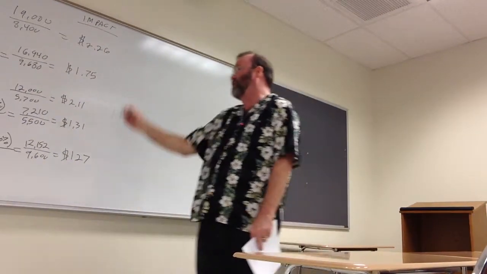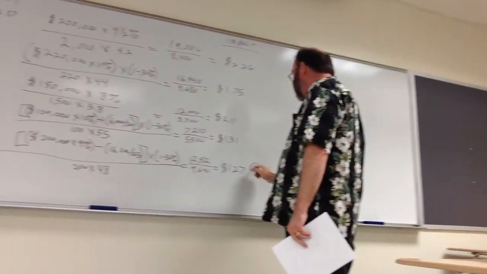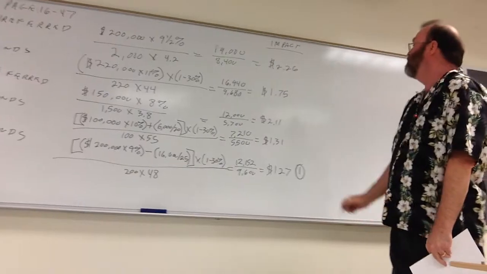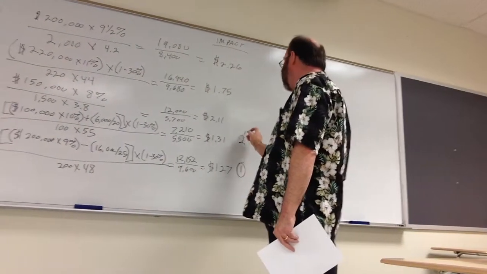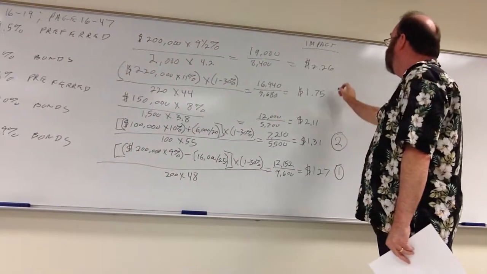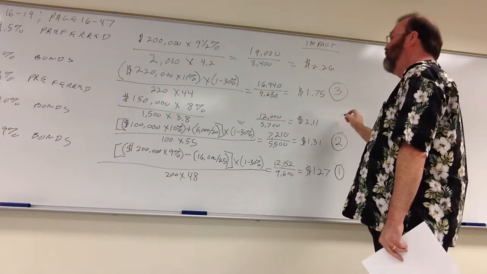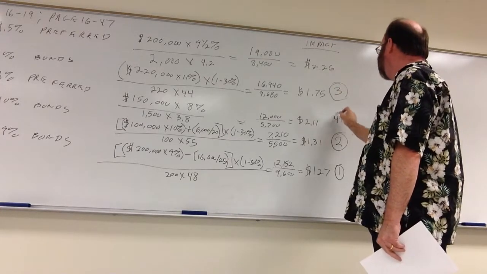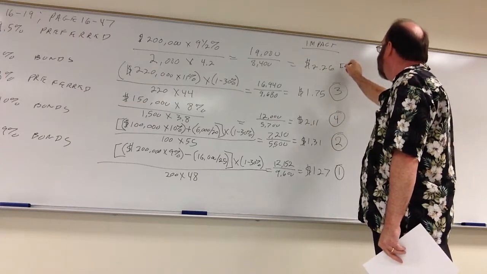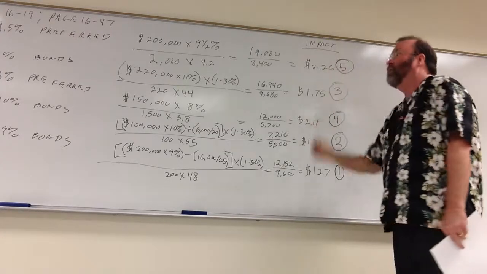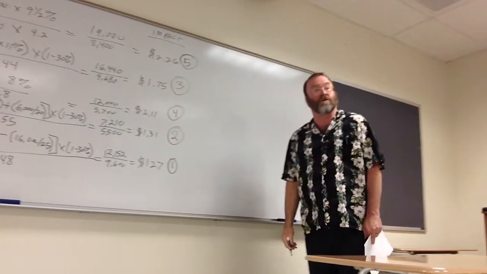The lowest is this 9% bond. That's the first one. Then we have the 10% bond. Then we have the 11% bond. And then the 8% preferred. And lastly, the 9.5% preferred.